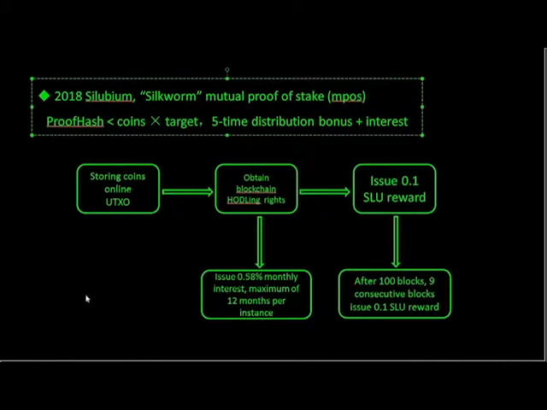Over a 12-month period, this then amounts to 7%. In addition to this, there is now also an additional reward, which is the issuing of 0.1 Silubium coins.